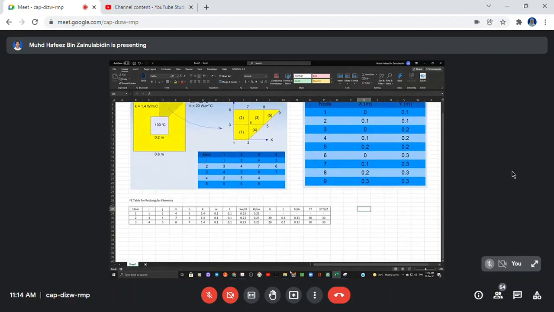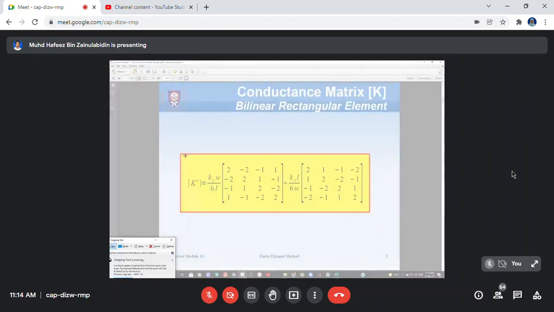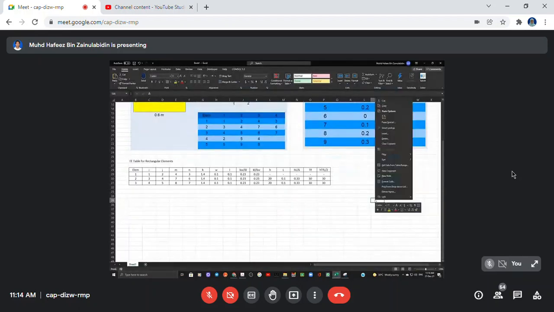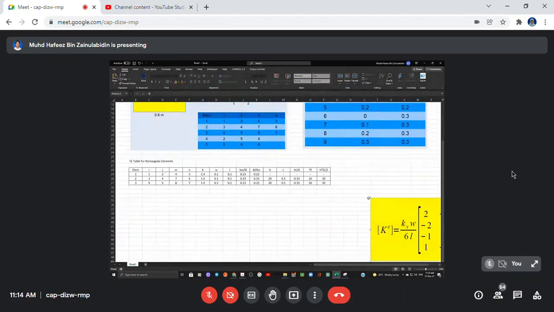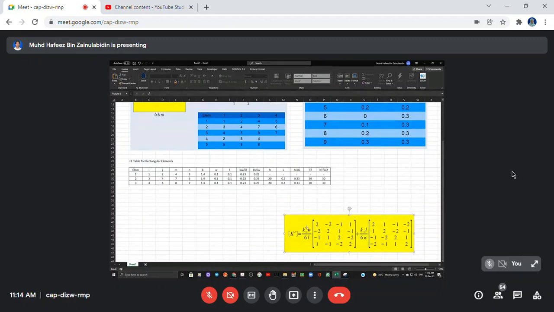Next we want to use the formula. Just copy the formula. We're going to do this in a local 4 by 4 matrix.